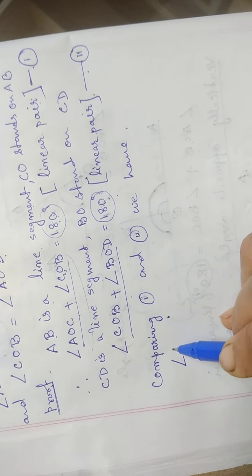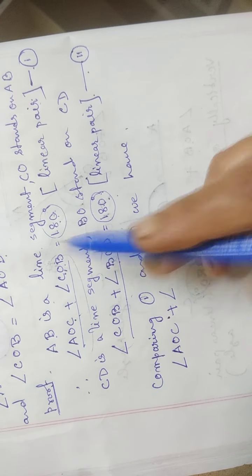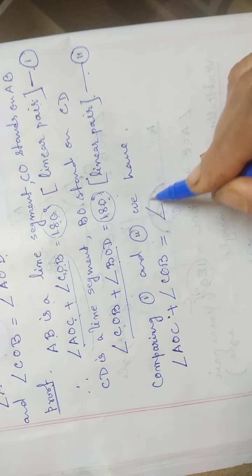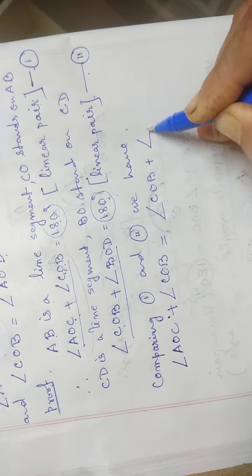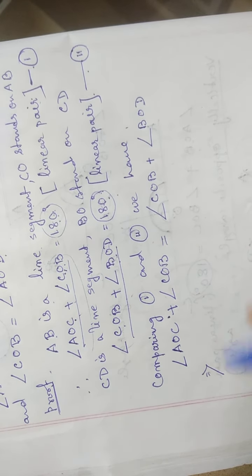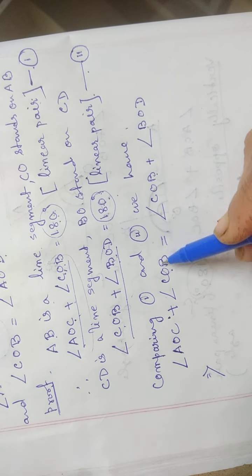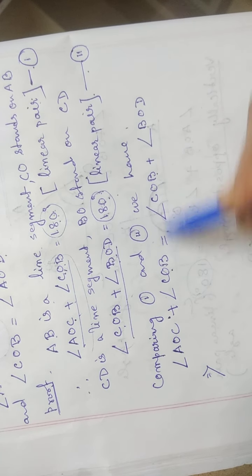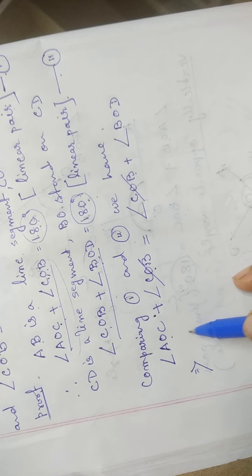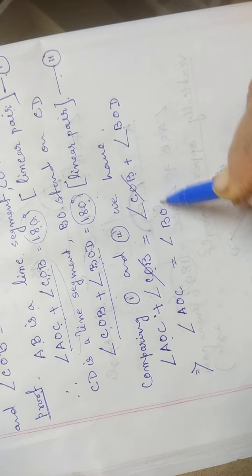So you can write angle AOC plus angle COB equal to angle COB plus angle BOD. Clear? Now see, both sides the COB is there. You can cancel COB and COB. So this side what you find, angle AOC equal to angle BOD.